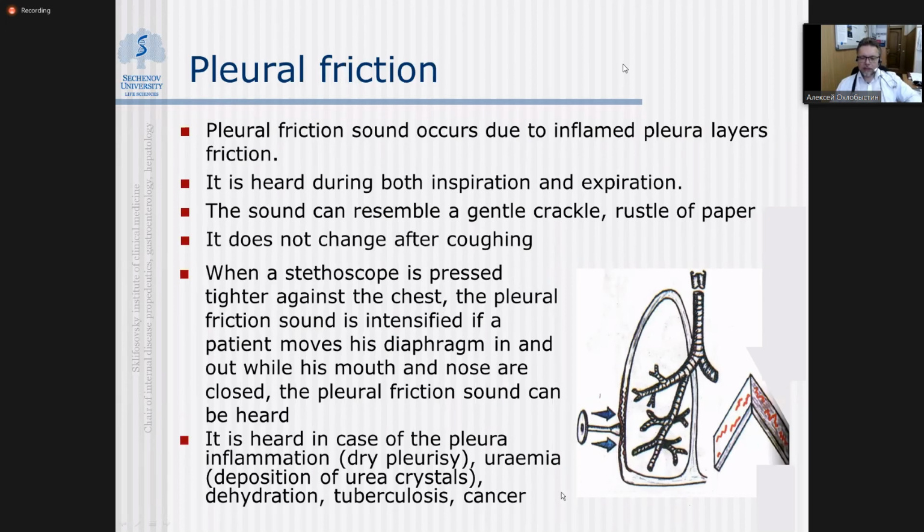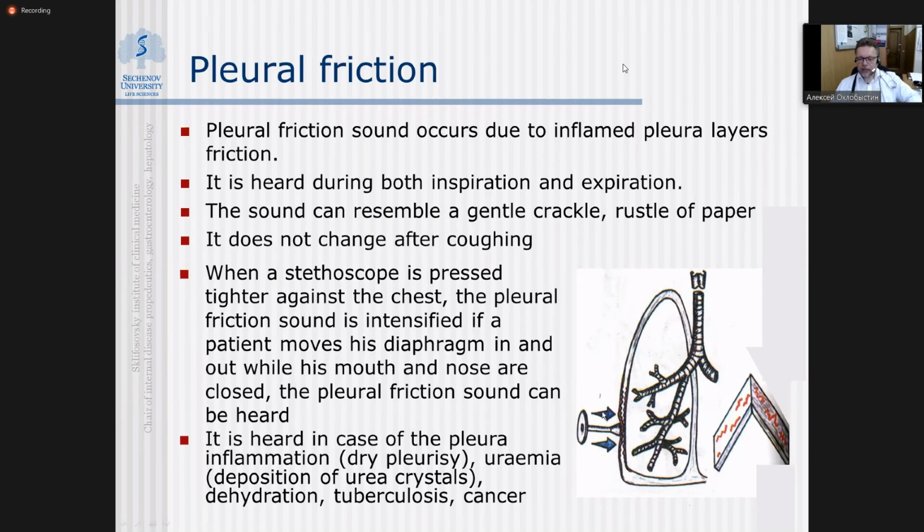Sometimes it may be seen in patients with tuberculosis, because tuberculosis and cancers are peripheral diseases, and if there is pleural friction rub, it means that the parenchymal disease has reached the surface of the pleura, and in that case parietal pleura, in other cases visceral pleura, will be affected.